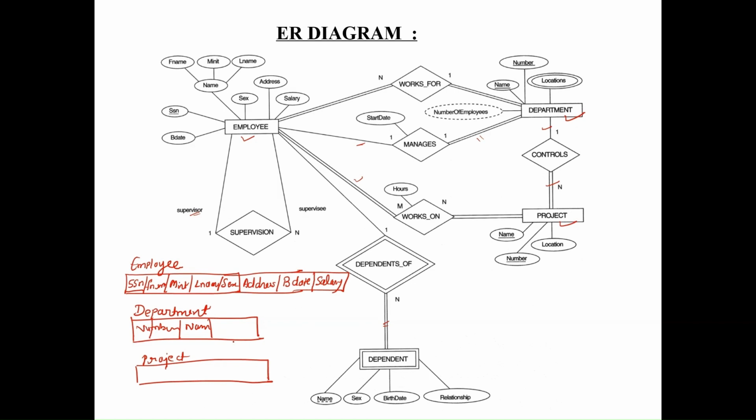As department location is a multi-valued attribute, we have to apply another rule, so we cannot add department location in the department relation. Similarly, project. If we consider project number as the primary key, then project number, project name, and project location. But I am writing location here because it is not a multi-valued attribute. It is a simple attribute.